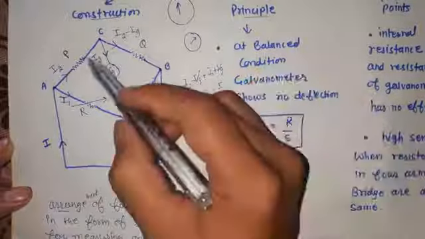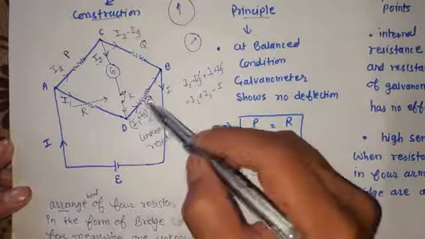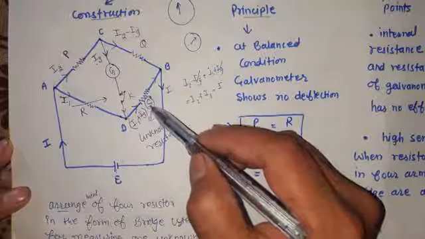What we have used in the construction are four resistors, out of which one is variable while one is unknown, which we have to determine.